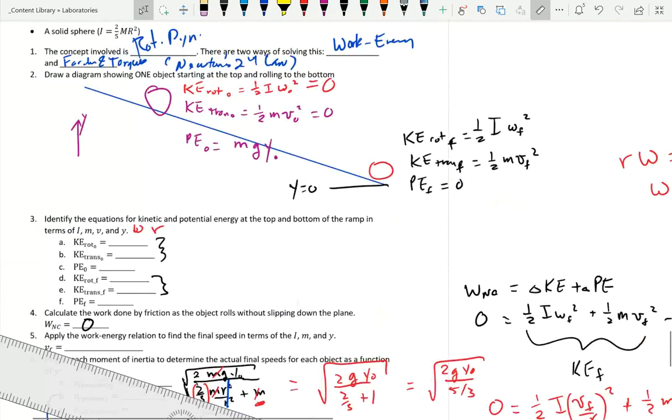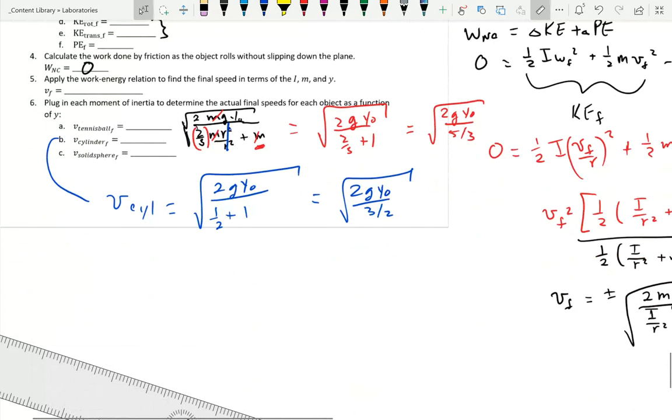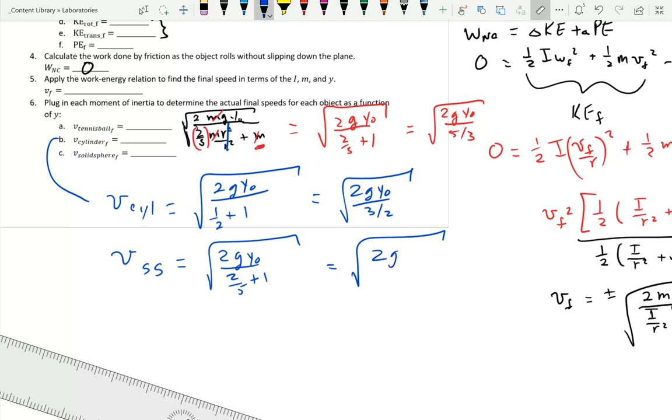And for the solid sphere, it's 2/5. So we have 2GY0 on top every time. On the bottom, we have 5/3, 3/2, or 7/5.